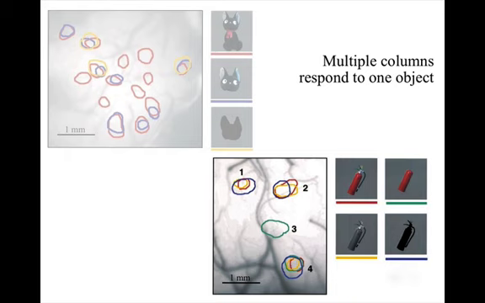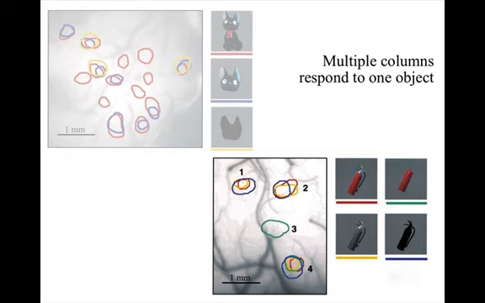Similarly for fire extinguisher images, and again, there's a different colored line under each of the four images on the right, and the active cortical columns in response to each image are circled on the larger image on the left.